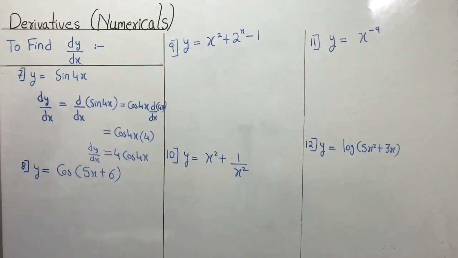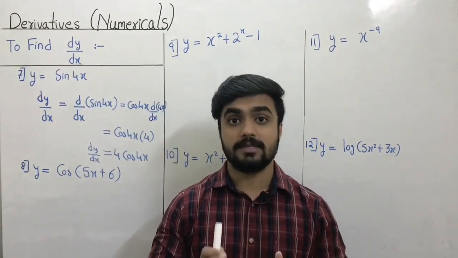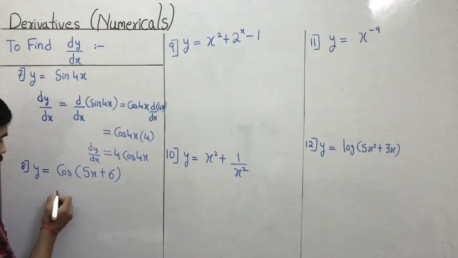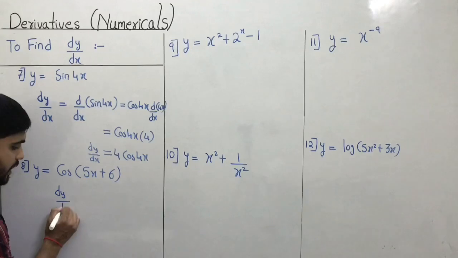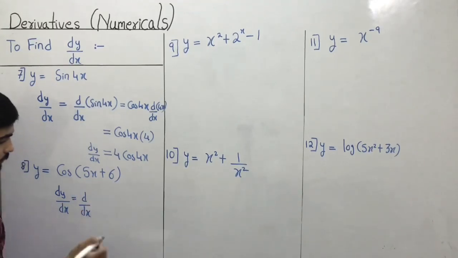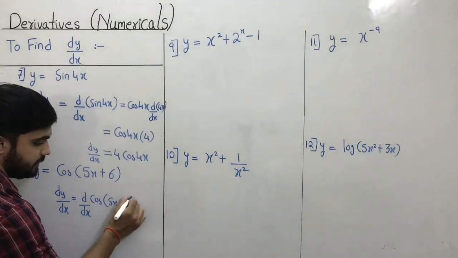Okay, so our next function is y is equal to cos 5x plus 6. As we know that derivative of cos x is minus sin x, so we'll write that. So dy by dx will be d by dx of cos 5x plus 6.